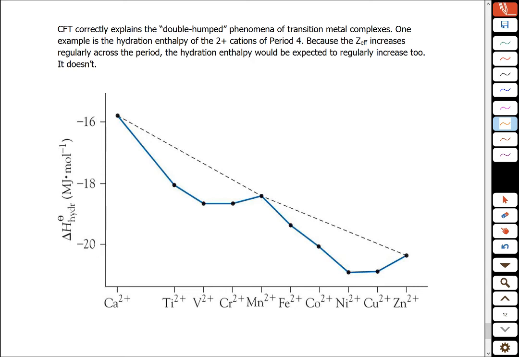Okay, so remember that we're going to take a metal ion that has a 2+ charge. It's in the gas phase, and we're going to add 6 water molecules in the gas phase, and we will get the hexa-aqua complex of that metal ion.